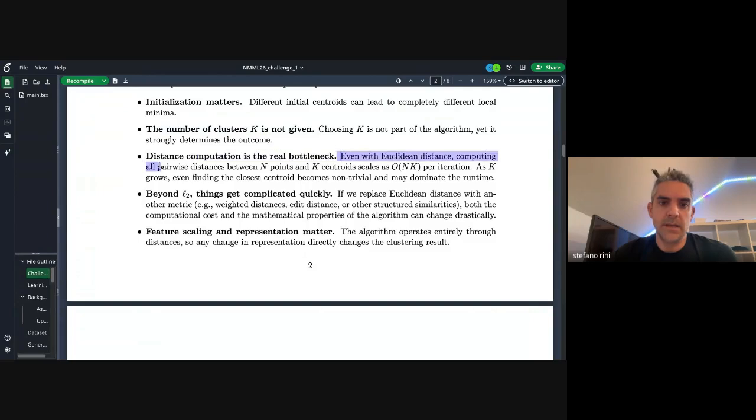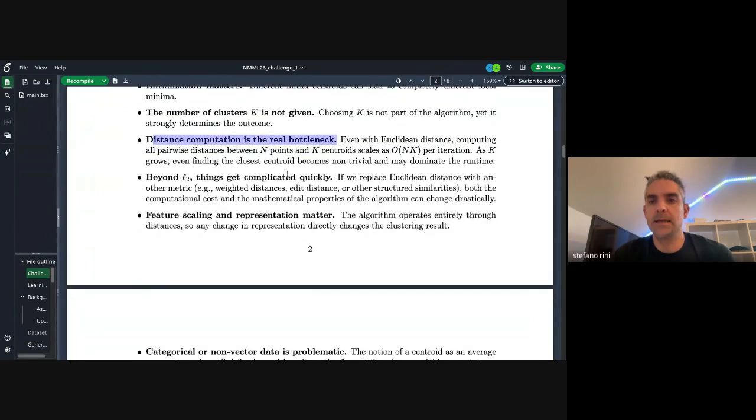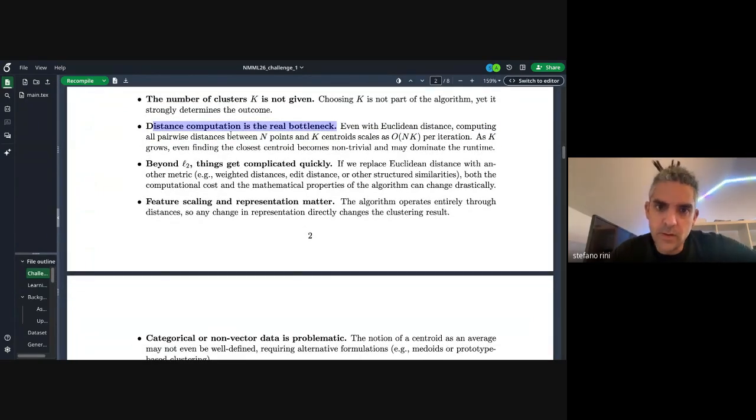Distance computation is the real bottleneck. Computing the Euclidean distance, let's say, takes on the order of n, where n is the size of the data. So if you have k centroids, the distance computation scales as n times k, and if you double the number of centroids, you double the computation. So very tough.